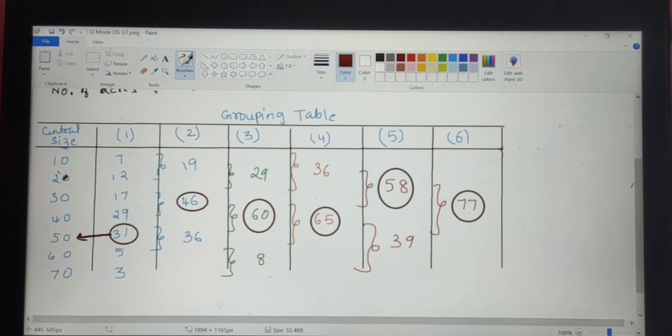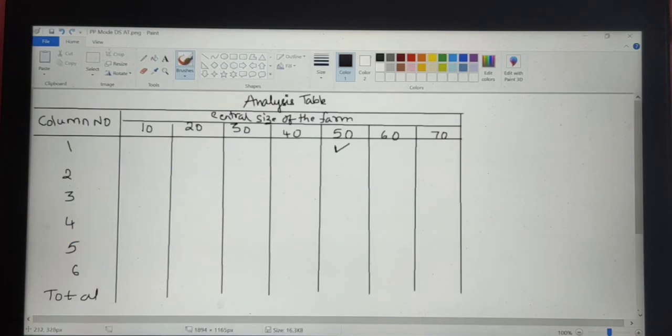And how did you get 46? It is an addition of 29 and 17. So 29 and 17, the corresponding values are 30 and 40. So 30 and 40. Now you will be ticking for the second column. You will tick 30 and 40.